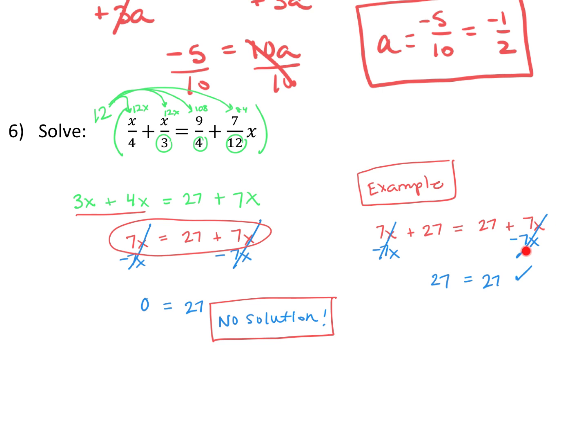These will always equal 0, and we'll be left with that 27 equals 27 every single time. So the answer we would put for this equation would be infinitely many solutions. There's no possible way we could actually count up every single solution because every single number is a solution to this equation.